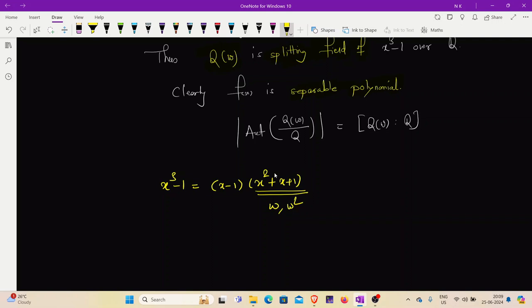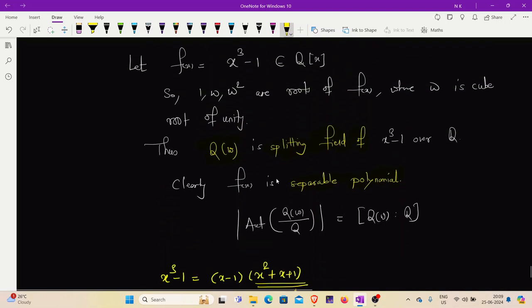That's how we can establish the fact that Q(omega) is a splitting field of a separable polynomial. That's why, by the previous result, the number of automorphisms of Q(omega) over Q is exactly equal to the degree of extension of Q(omega) over Q, which is 2.